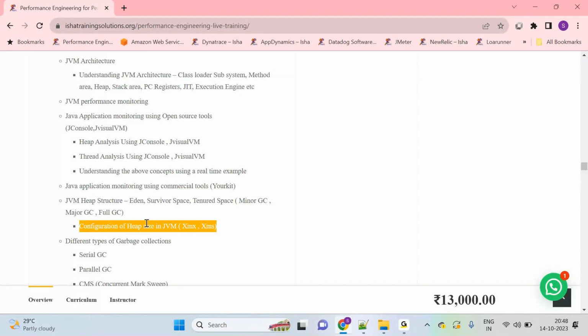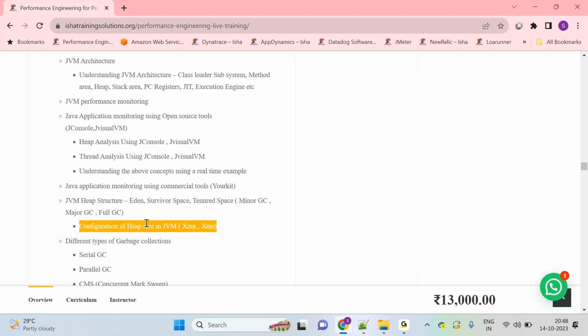In your heap memory, if you define a small heap memory, what will happen? Or if you define a large heap memory, what will happen? Like that we are going to discuss in a detailed way.